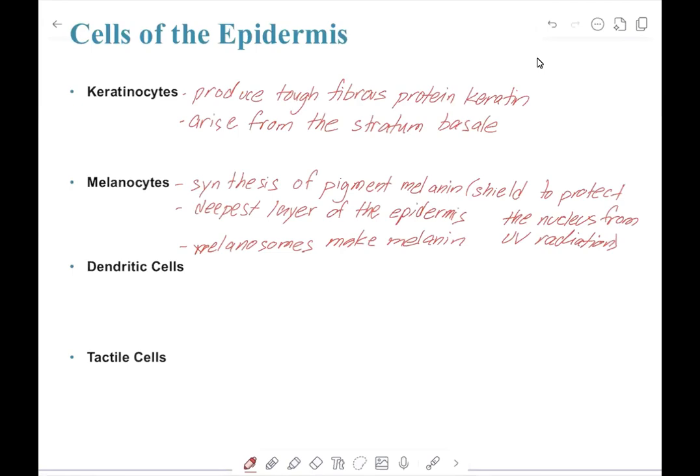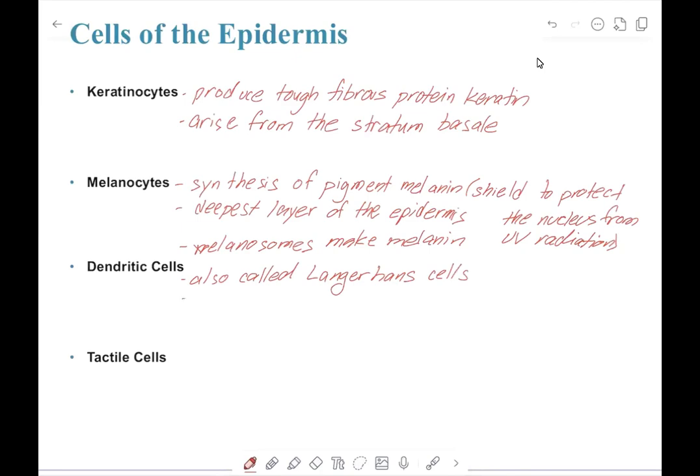The next type of cell is called the dendritic cell. The dendritic cells are also called Langerhans cells, and we more commonly simply refer to them as dendritic cells, but you may see them as Langerhans cells.